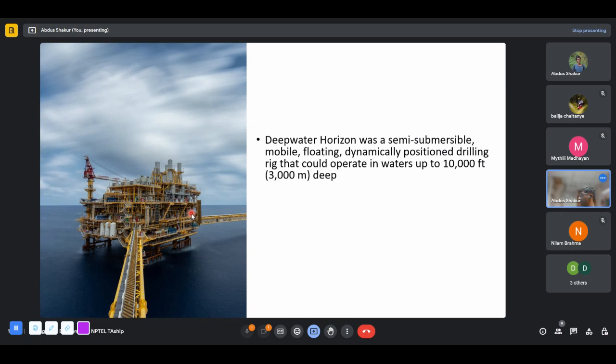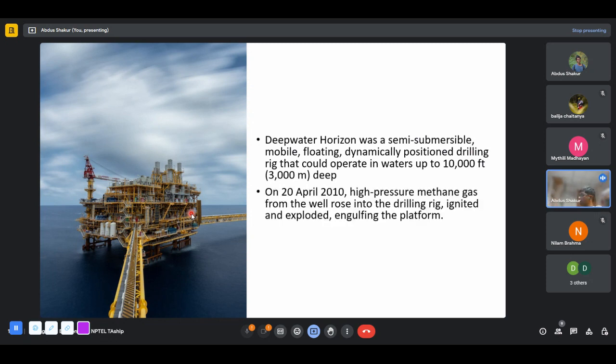Once they find oil, they install the proper setup necessary to extract it, hand it over to whoever is responsible for extracting the oil, and then move on to find new places to dig. This Deepwater Horizon rig has the capability to operate in waters up to 3,000 meters deep, which is such a high capacity.